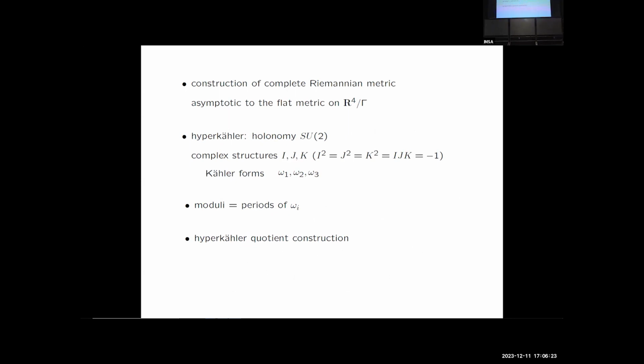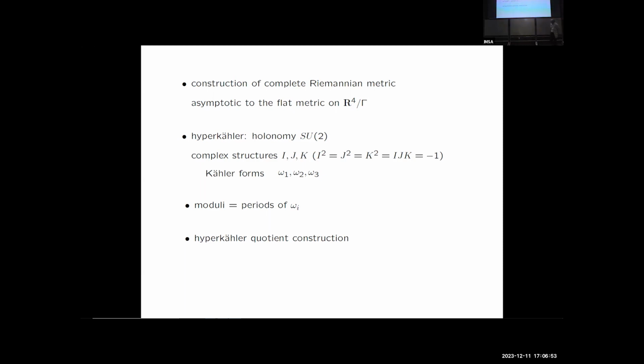It has the property of being hyperkähler, so the holonomy is SU(2), or you might think of it as quaternionic. The tangent bundle has an action of the quaternions on it, and there's a metric with respect to which I, J, and K are complex structures, making it a Kähler metric. That means we have these three Kähler forms, 1, 2, 3.